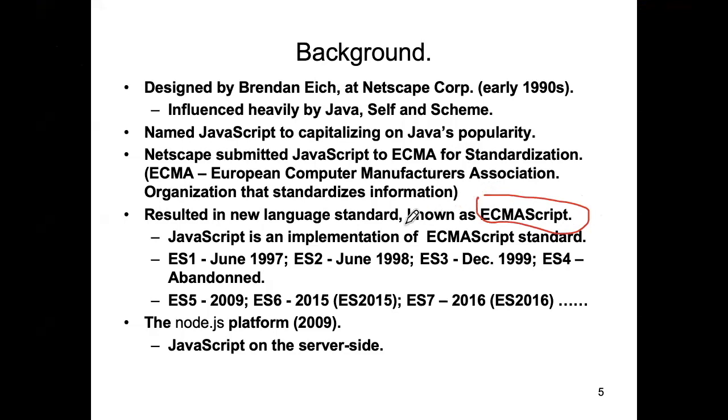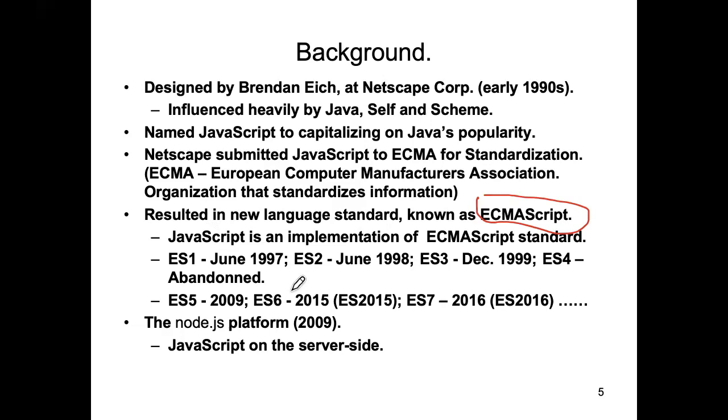The first ECMAScript specification you can see down here was in 1997, whereas the JavaScript language dates back to 1990/91. So there's a history as to where ECMAScript came from, which I'm not going to go into. But just be aware that ECMAScript is the specification for the JavaScript language, and there have been a number of evolutions of that specification.